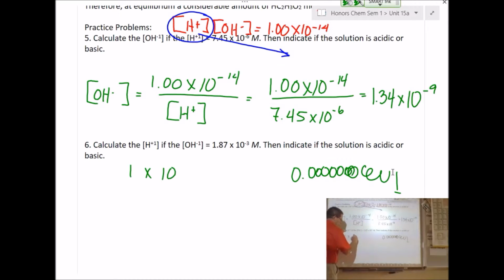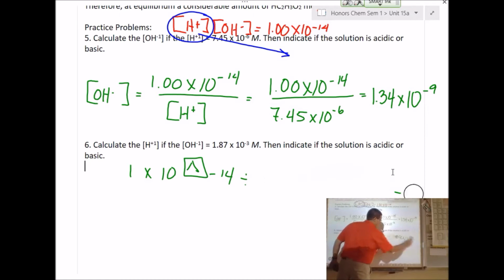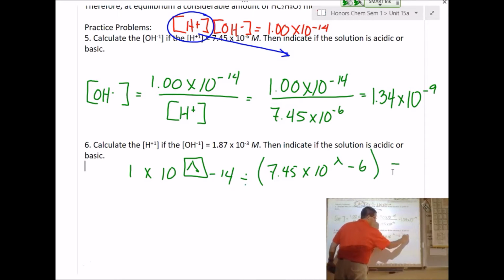So times 10, caret, negative 14, divided by, let me zap this guy, and do parentheses, so it's 7.45 times 10, caret, negative 6, close parentheses. Try that. Only one set of parentheses, right? Did you do negative 14 or positive 14? And what'd you get?